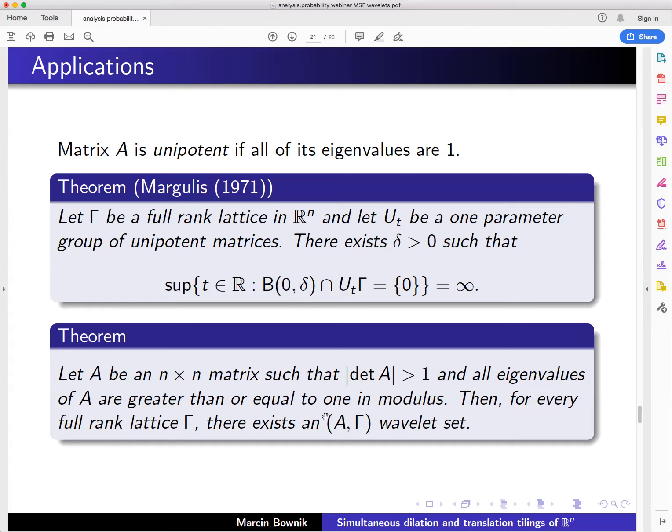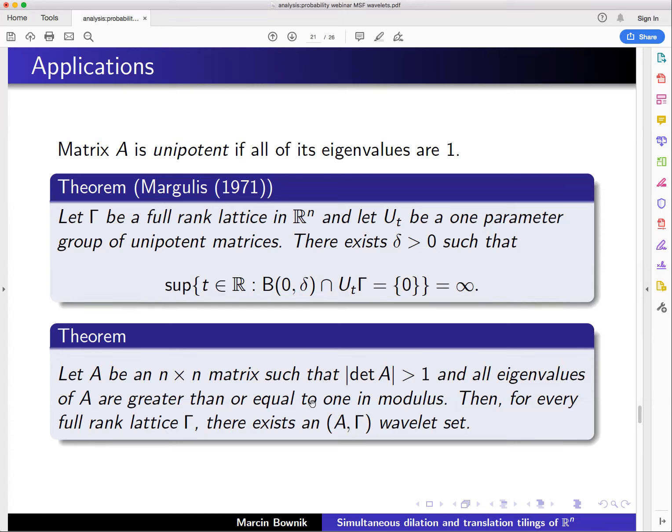And this is exactly what we need here. It's not completely trivial to prove, but okay. Once you have a dilation that's expanding in volume and all eigenvalues are greater than or equal to 1, so we allow eigenvalues to be equal to 1, then what will happen is that for every full rank lattice Gamma, there exists a Gamma wavelet set.